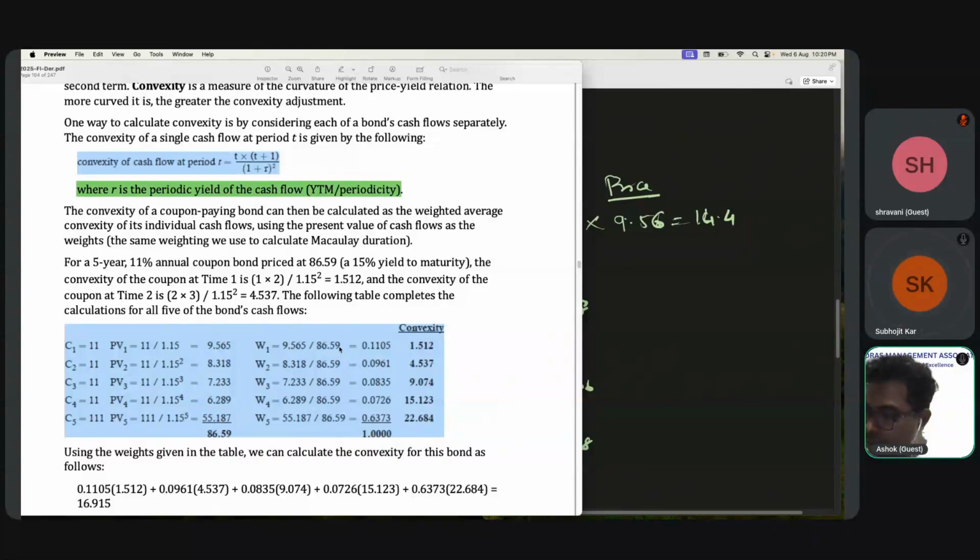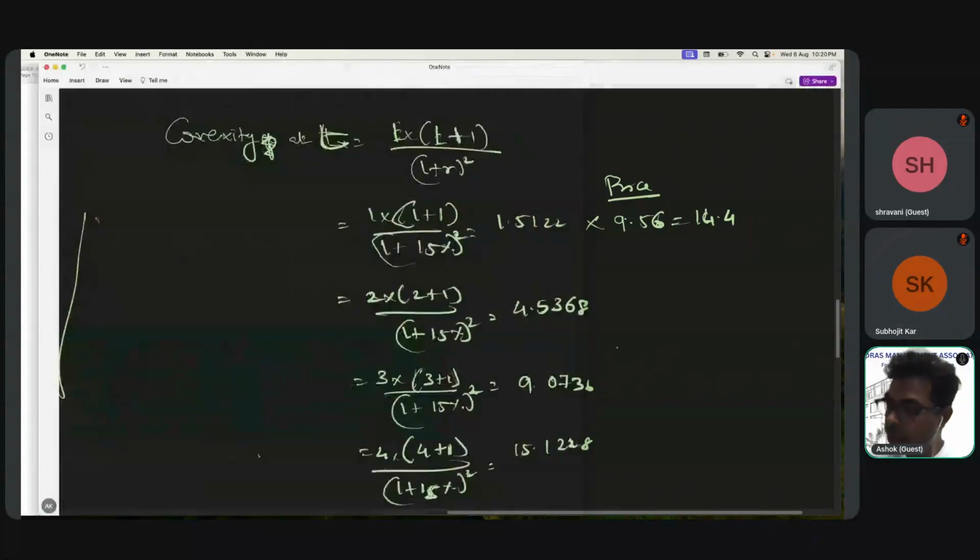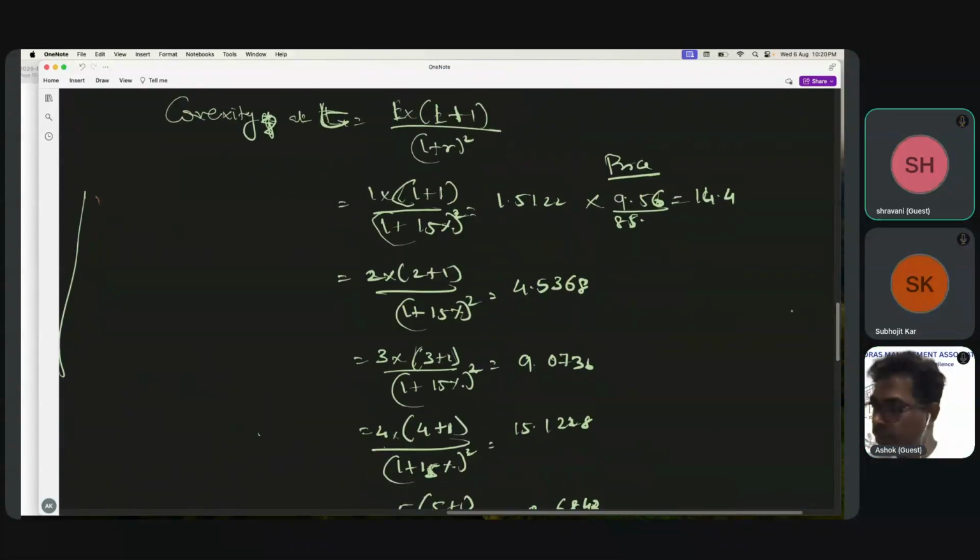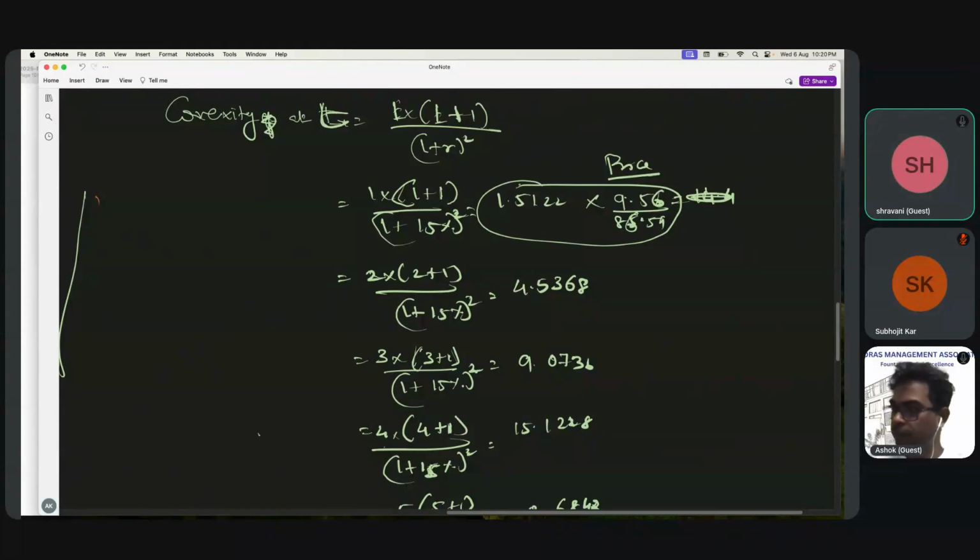This is the weight. Okay, it is like this: divided by the total value, 86.59, right? Now you calculate this number. So you basically are giving weight to the convexity. So that is 0.1669. Keep it in store one.